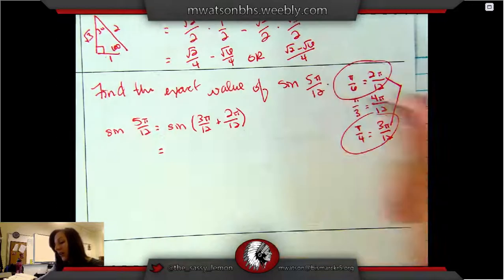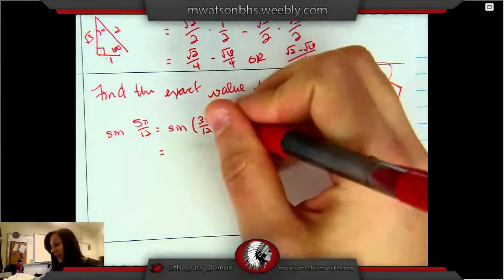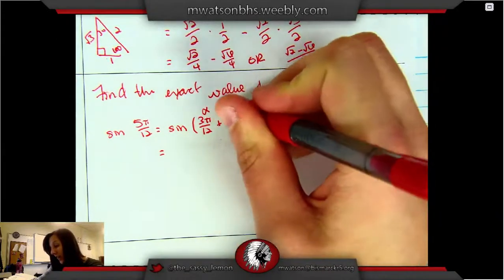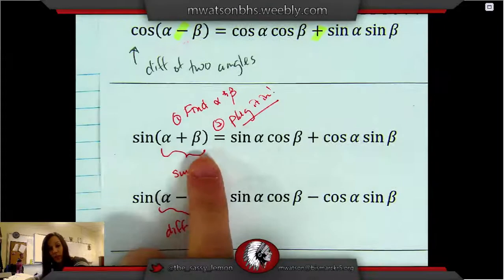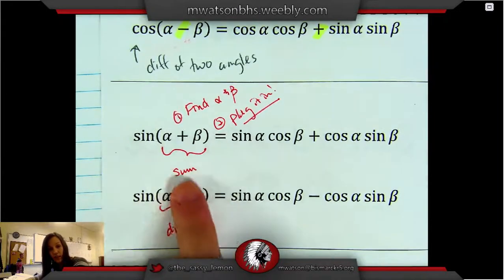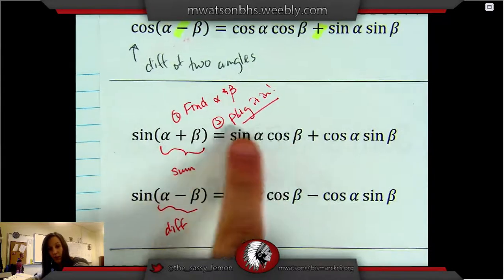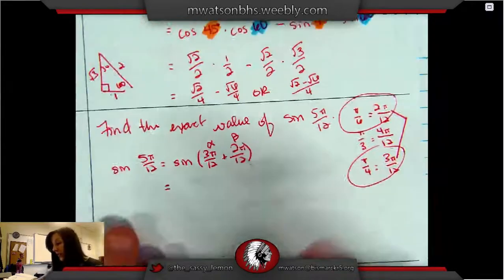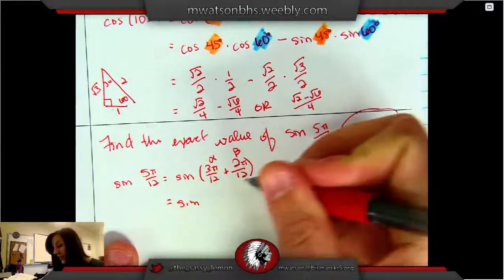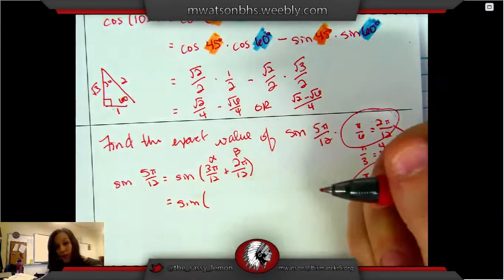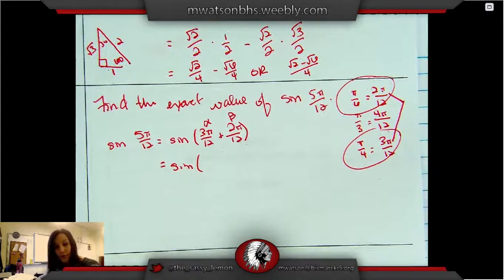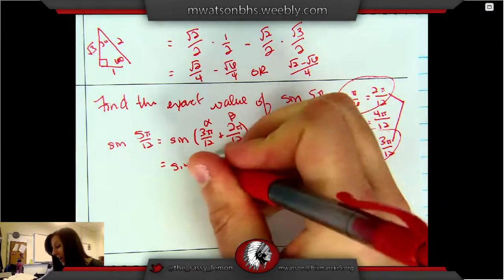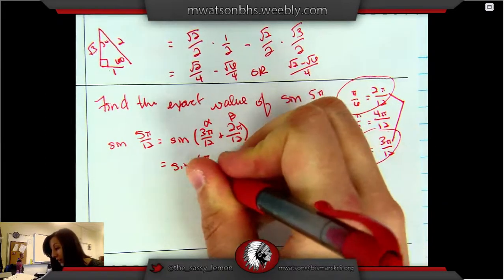So now we're going to use our identity. This is alpha, and this is beta. We've got a sum, so we're going to use this identity. So alpha, beta, we're going to plug them in. So now we have sine of alpha, 3 pi over 12. I'm just going to write that as pi over 4.